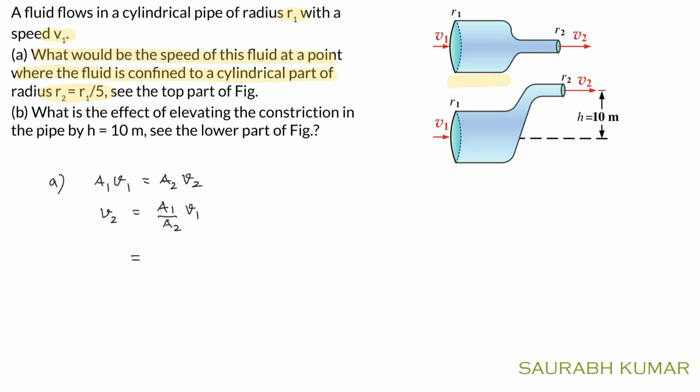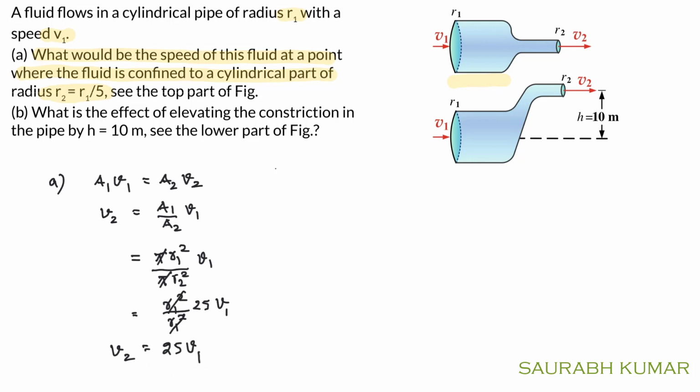A1 is pi R1 square, A2 is pi R2 square, into V1. Pi will cancel out. This is equal to R1 square by R2 square, where R2 is R1 by 5. So R1 square by R1 square by 25, that is 25 V1. So V2 is equal to 25 V1.